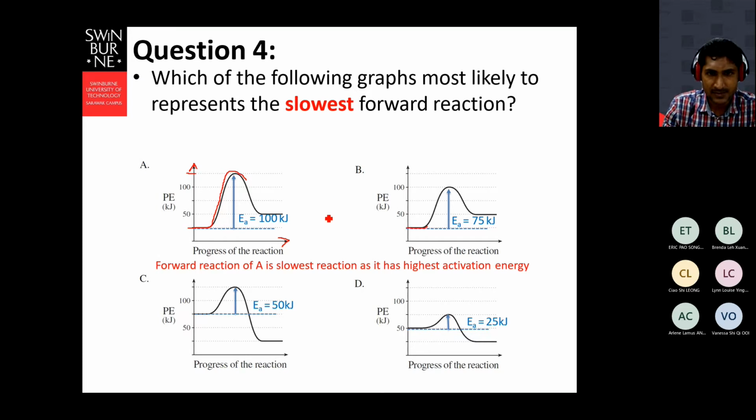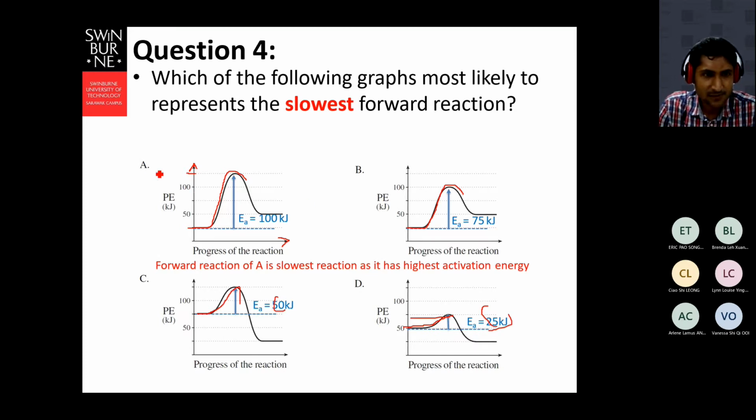For B, it is 100. For C, it is 150 as well. For D, it is just 70, 75. Oh, it's given, 25, and then 50, 100, 20, 75. So these are the activation energies.